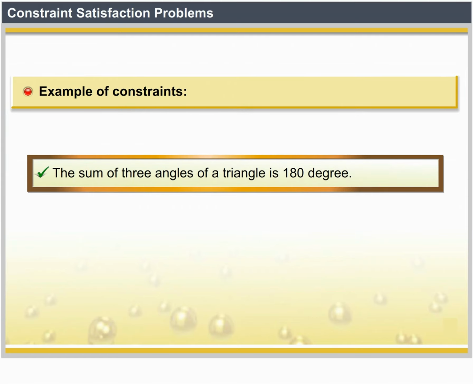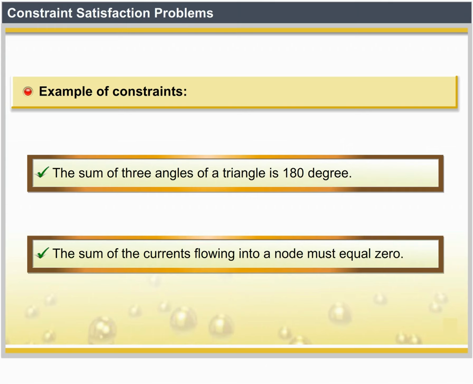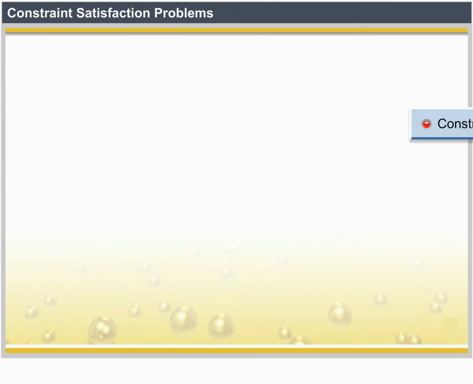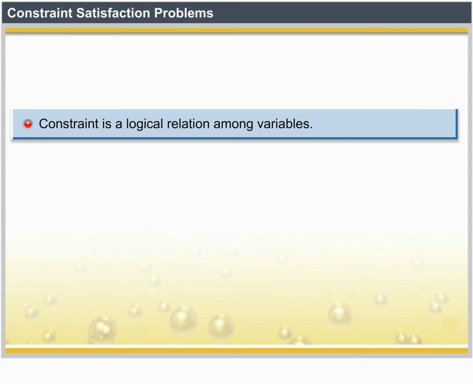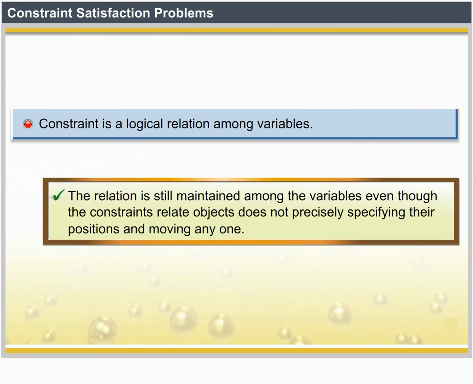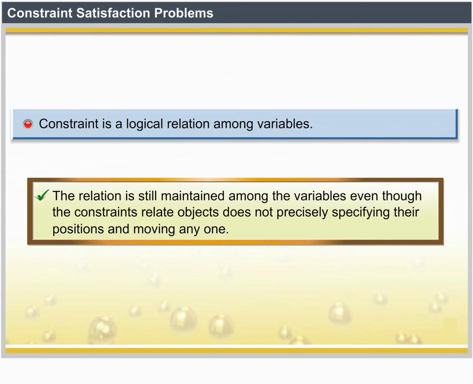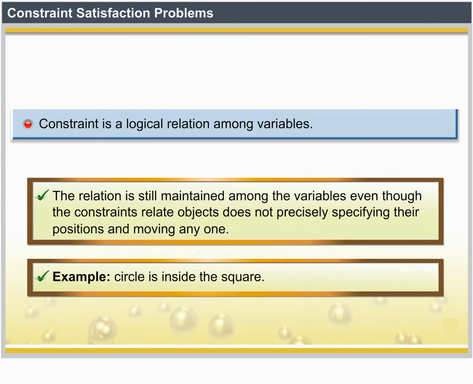The sum of the currents flowing into a node must equal 0. A constraint is a logical relation among variables. The relation is maintained among the variables even though the constraints relate objects without precisely specifying their positions and moving any one. Example: a circle is inside the square.